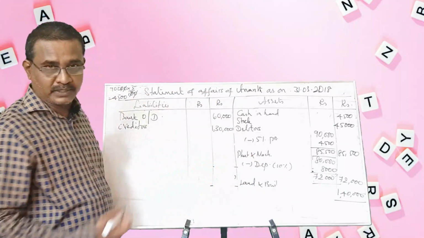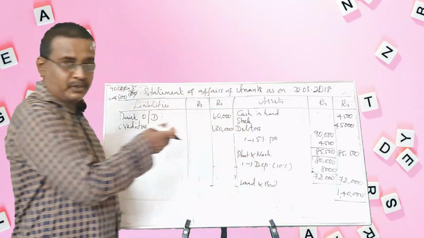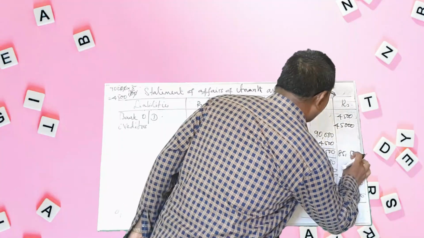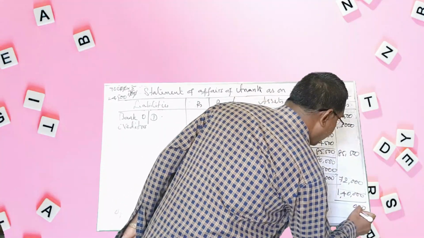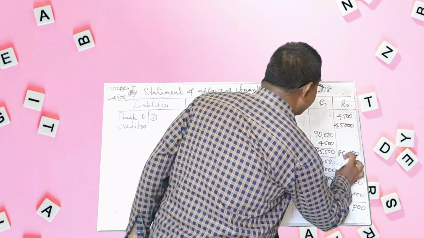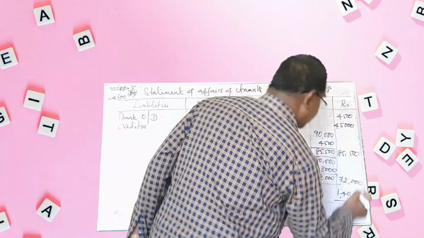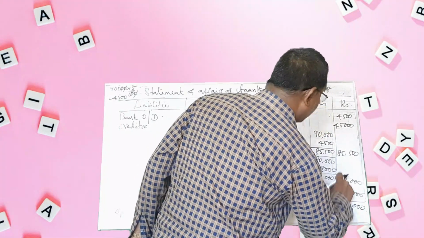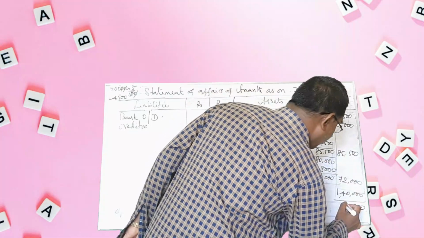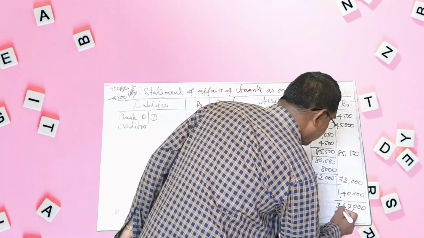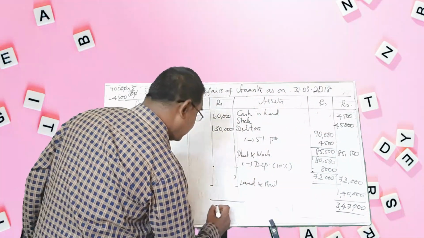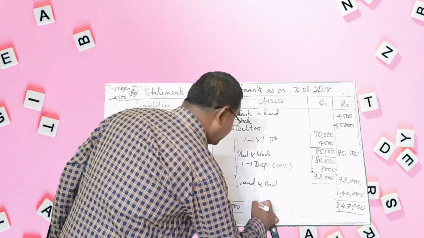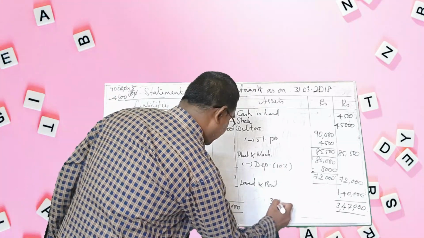Now we go for finding the total of assets and the total of liabilities. 5, 10, 1, 3, 8, 13, 17. Remainder 1, 5, 12, 20, 24, 2, 1, 3. See, assets total is 3,47,000.